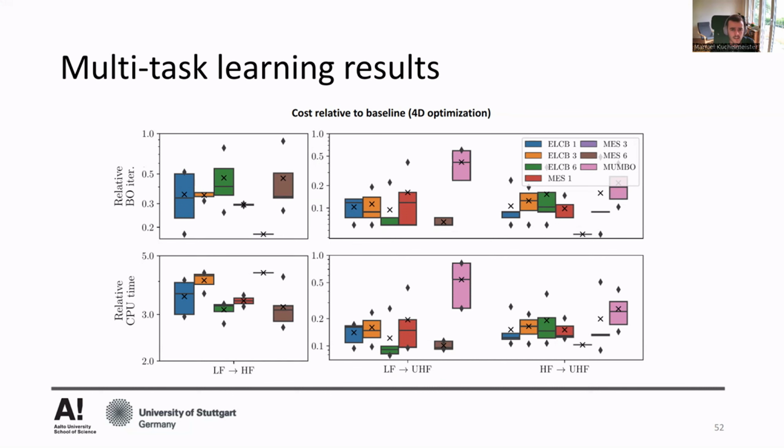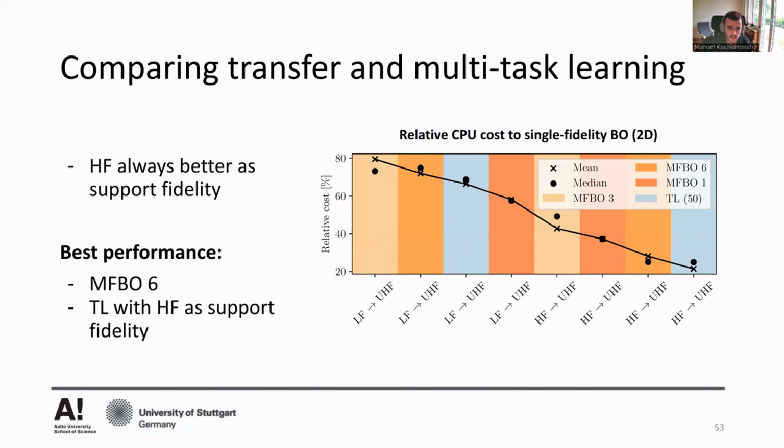So now, as I said, I'm going to directly compare these transfer learning and multitask learning experiments. In this plot, each vertical stripe contains the average convergence times for one experiment. In orange, you see the multitask learning experiments, and in blue, the transfer learning experiments.